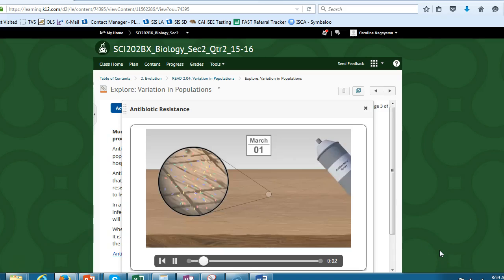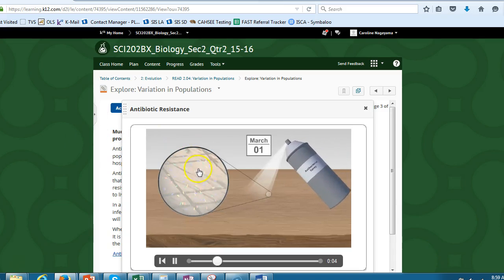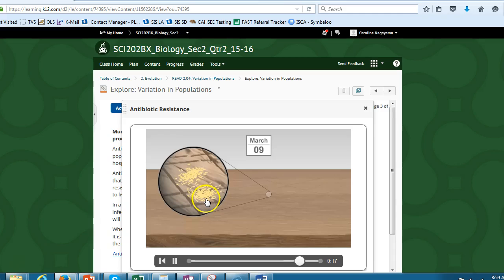Since we have that bacteria, we're going to treat it with antibacterial spray, right? Antibiotic spray, which will kill all of the bacteria except for the yellow ones. The yellow ones continue to grow and multiply, grow and multiply until there are many of the same kind.